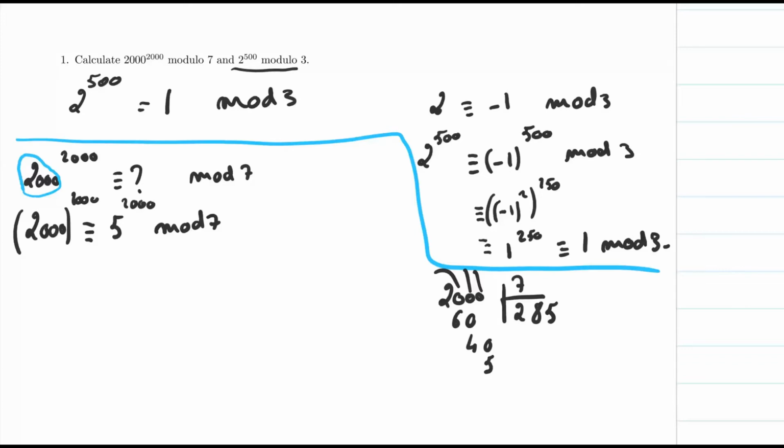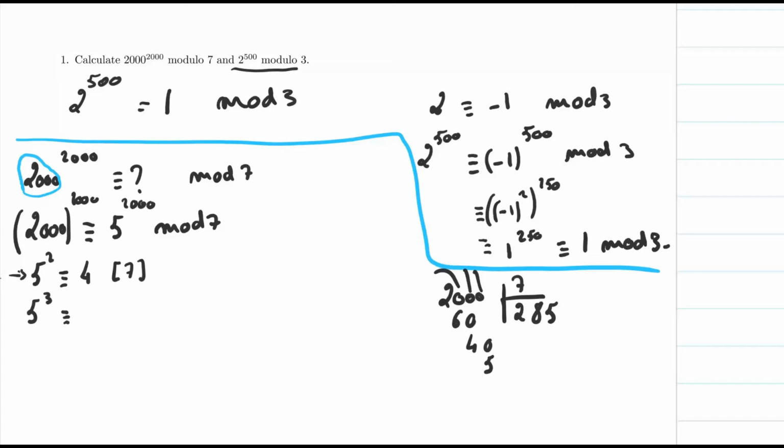Well, in fact, we have to calculate it. 5 squared is 25, and modulo 7, 25 is the same thing as 4. Now 5 to the power 3 is congruent to, if I multiply both sides by 5, 20 modulo 7.